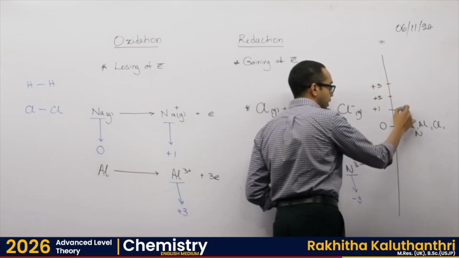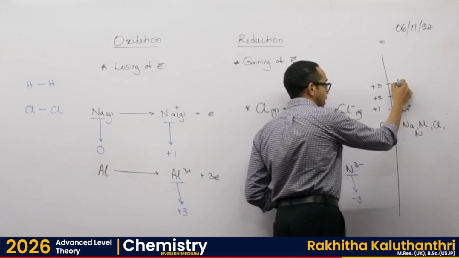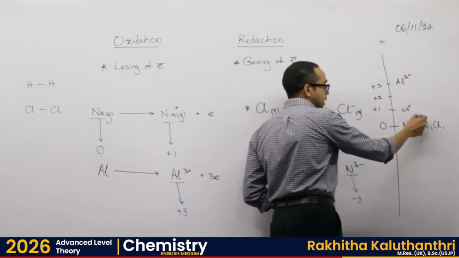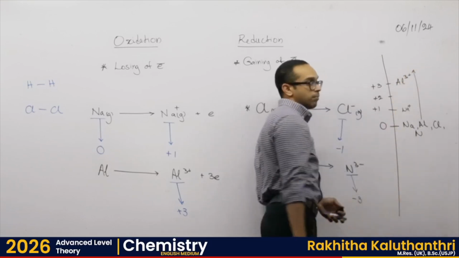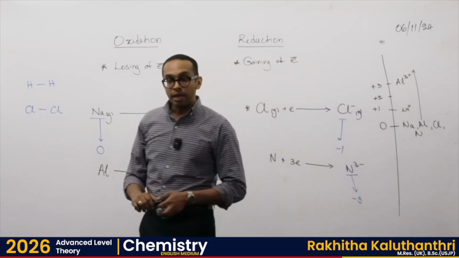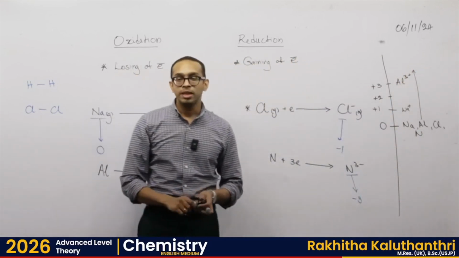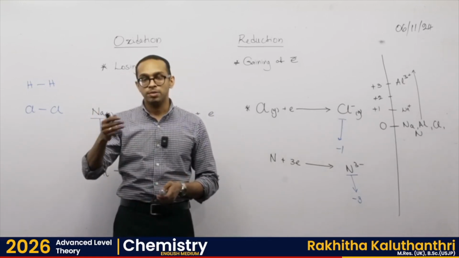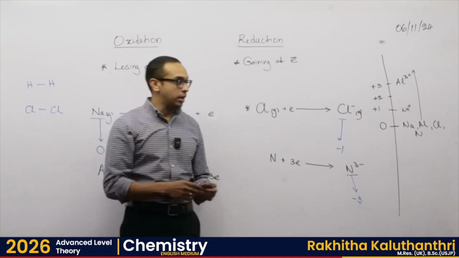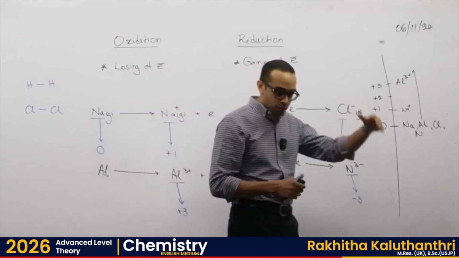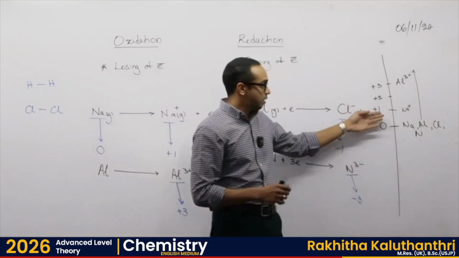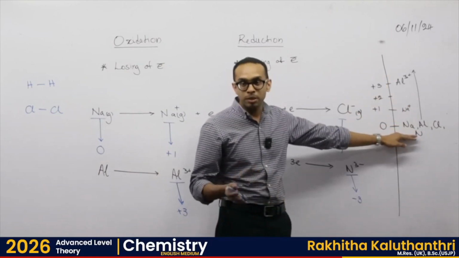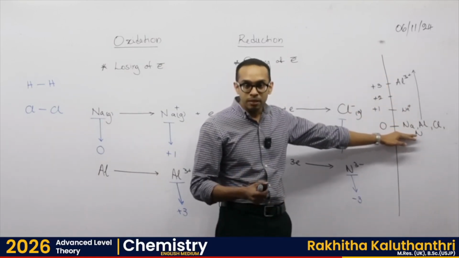So sodium is now here as sodium plus, aluminium is now here as aluminium 3 plus. So this is an increase in oxidation number. Is that clear? An increase in oxidation number is generally referred to as oxidation. If someone is saying this particular chemical underwent oxidation, that means there was an increase in oxidation number of those elements or atoms.